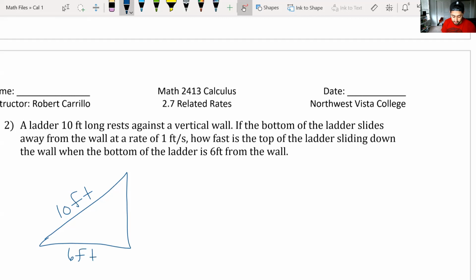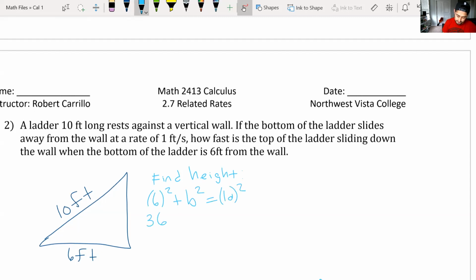So again, you can use the Pythagorean theorem: a squared plus b squared equals c squared, right? So we can label that a step: find height. That would be 6 squared plus b squared equal to 10 squared.